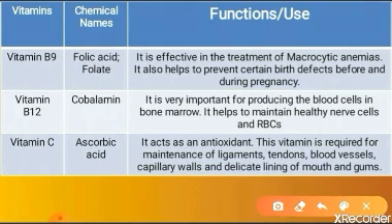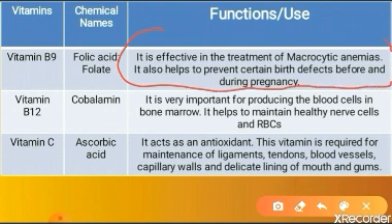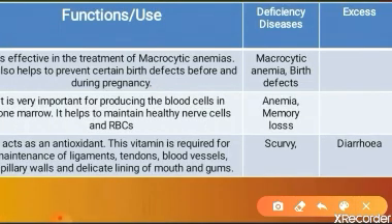Vitamin B9 is also known as folic acid or folate. It is effective in the treatment of microcytic anemia. It also helps to prevent certain birth defects before and during pregnancy. Deficiency of this vitamin causes microcytic anemia and birth defects.